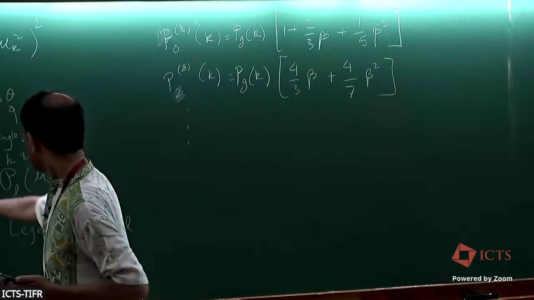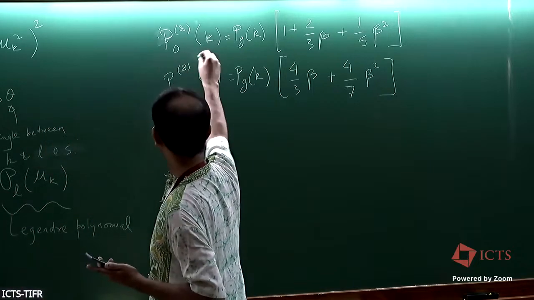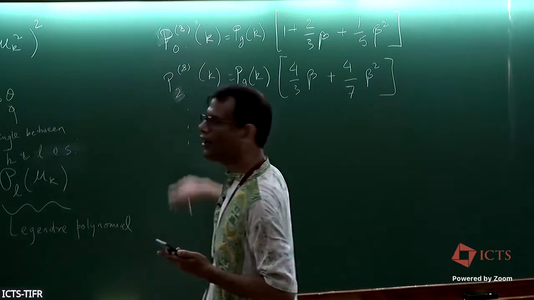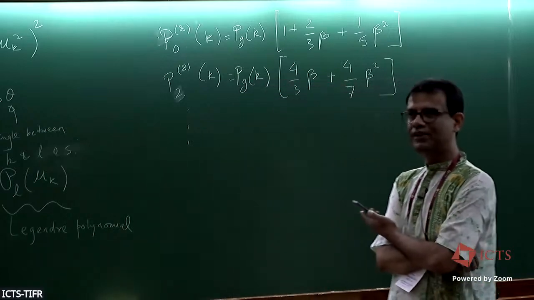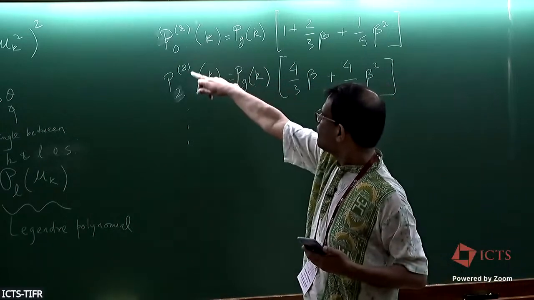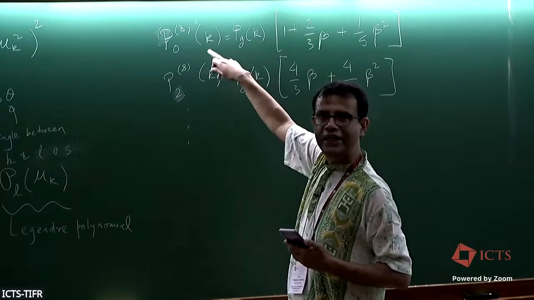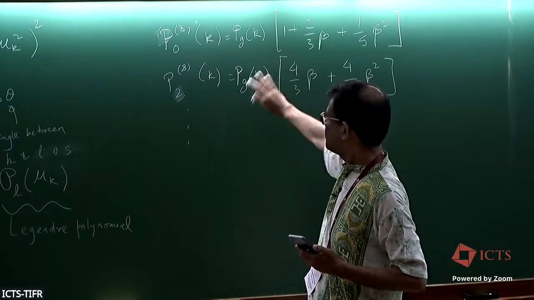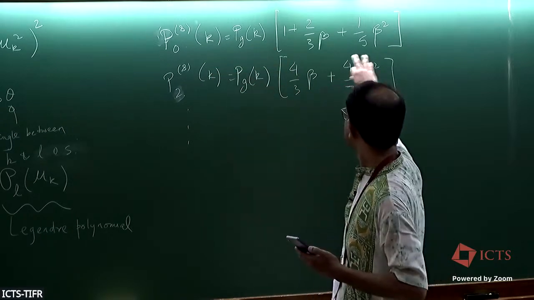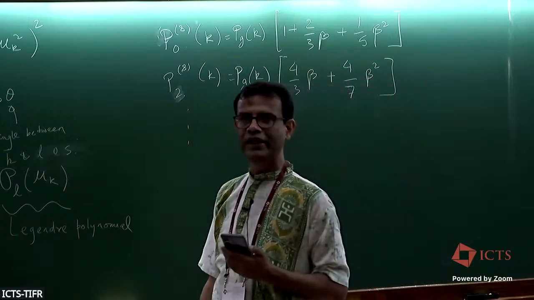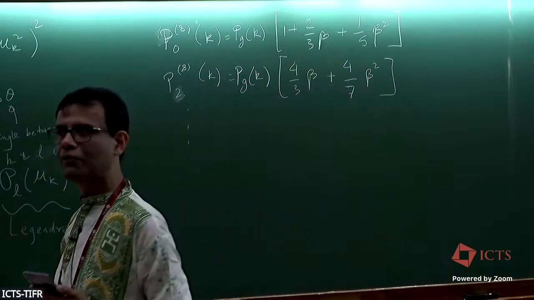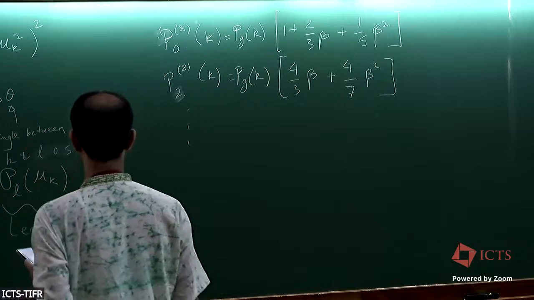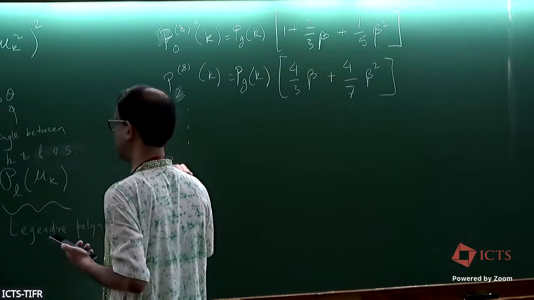We will treat these quantities as observed. Now if I take a ratio of these, the underlying power spectrum gets cancelled out, and I can calculate the value of beta. So beta can be calculated from observations.